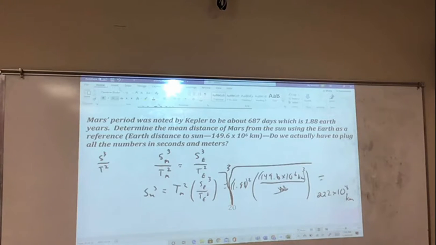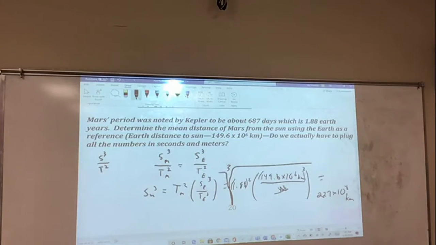Okay, somebody Google what the distance from the sun to Mars is. Josh, what's on the bottom after the cube root?